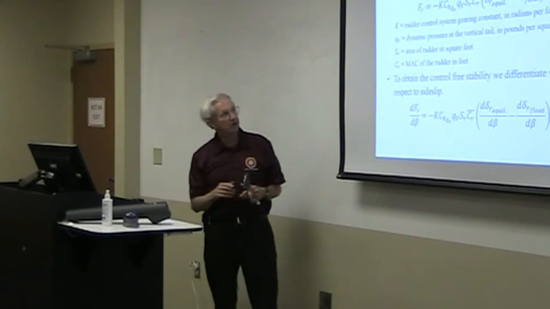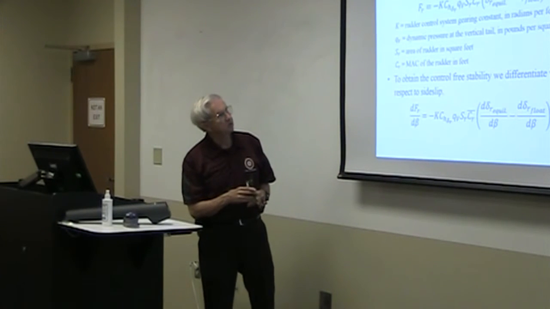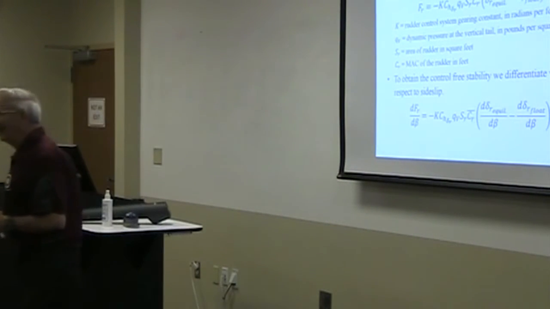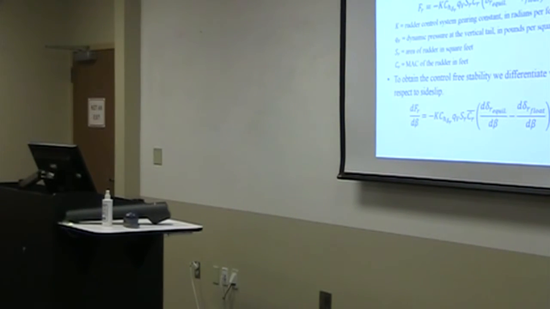And the force resulting from that float can be expressed with this equation. Well, if you'll recall, that equation looks a lot like the force for a reversible system longitudinal, right?